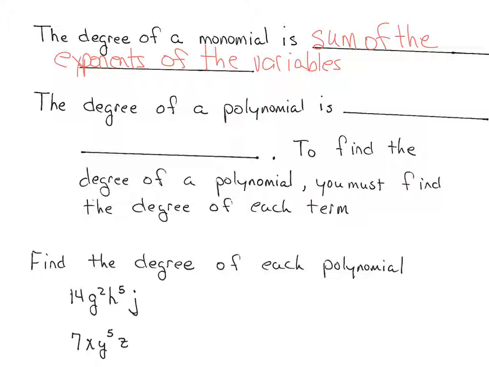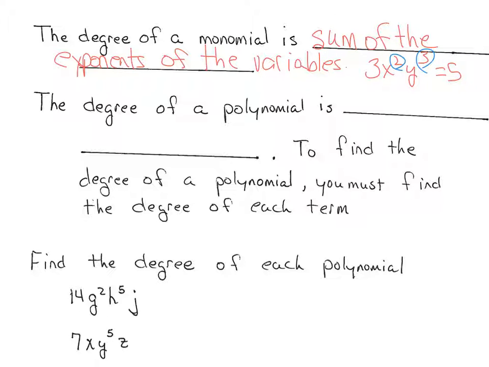So if we had 3x squared y cubed, the degree of this monomial is 5. 2 plus 3 is 5. We don't look at exponents on the constant, just the exponents of the variables. If there's not an exponent there, what's understood?